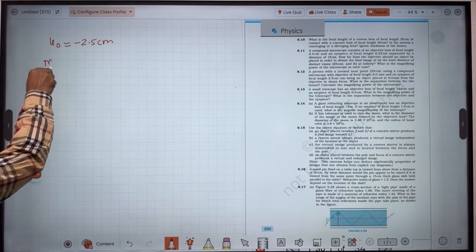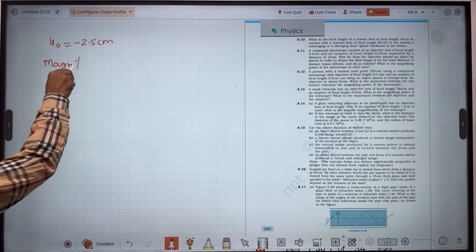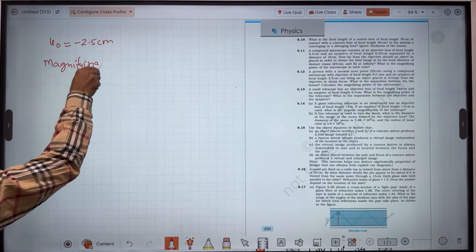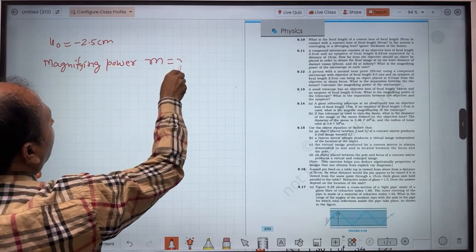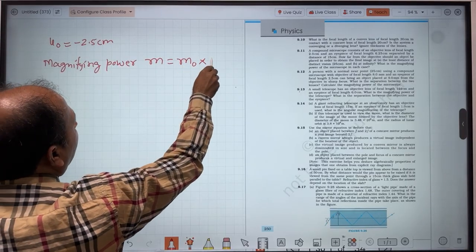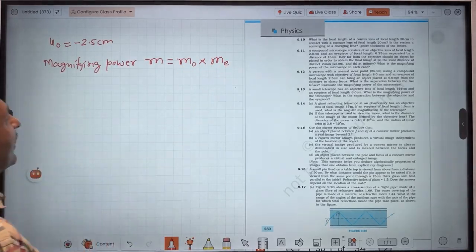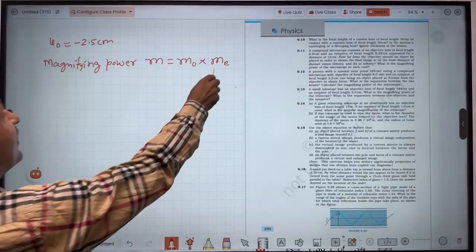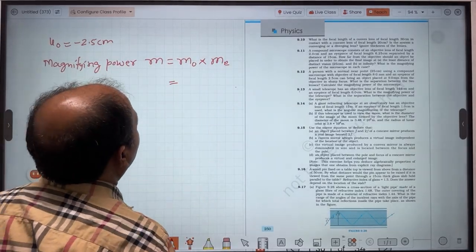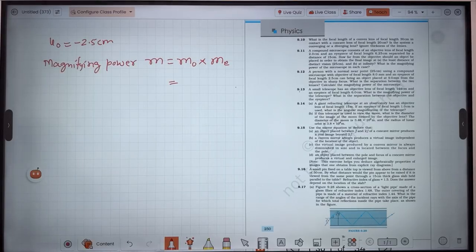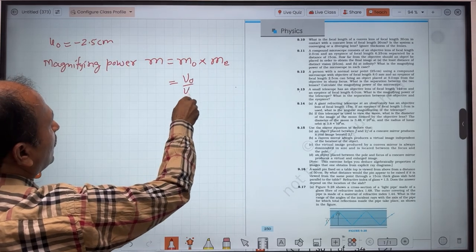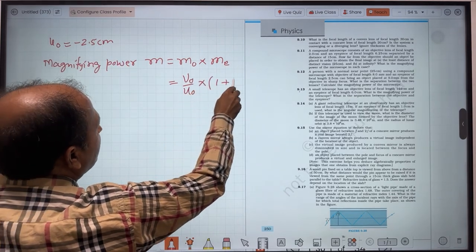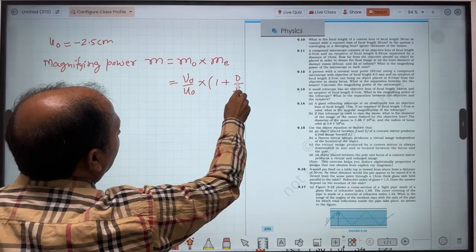So what is the formula for magnifying power? M is equal to MO multiplied by ME, where ME is for a simple magnifying glass, and MO is VO upon UO. So we can put the values: VO upon UO times 1 plus D upon FE.